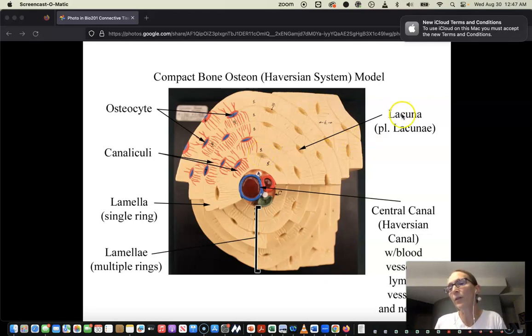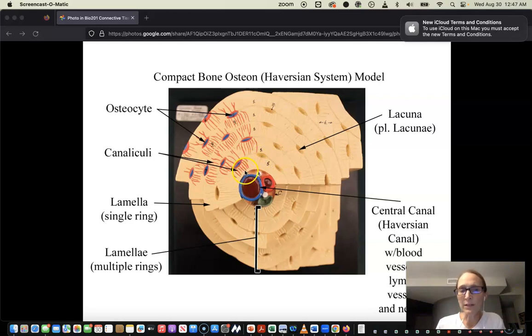That space is called the lacuna. On a practical, we will make sure to ask you what is the name of this space, and that would be lacuna. If we asked what is the name of the cell within this space, then you would say osteocyte. So the osteocyte is the cell within that space.